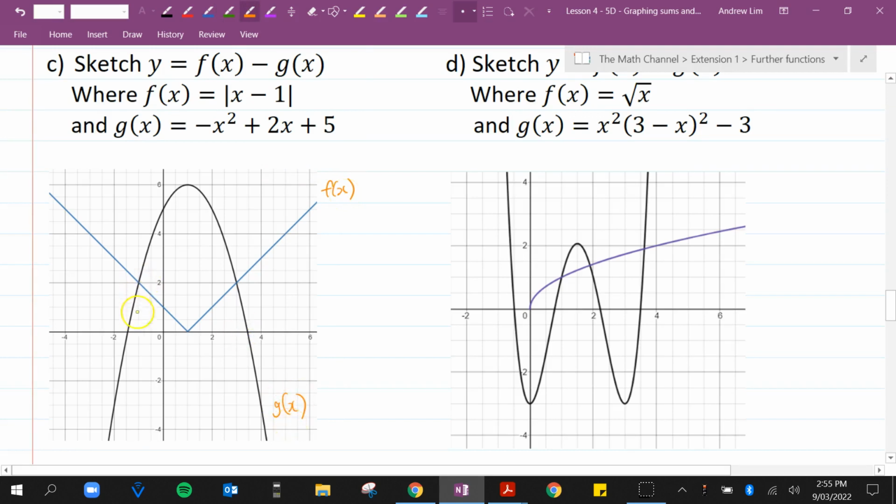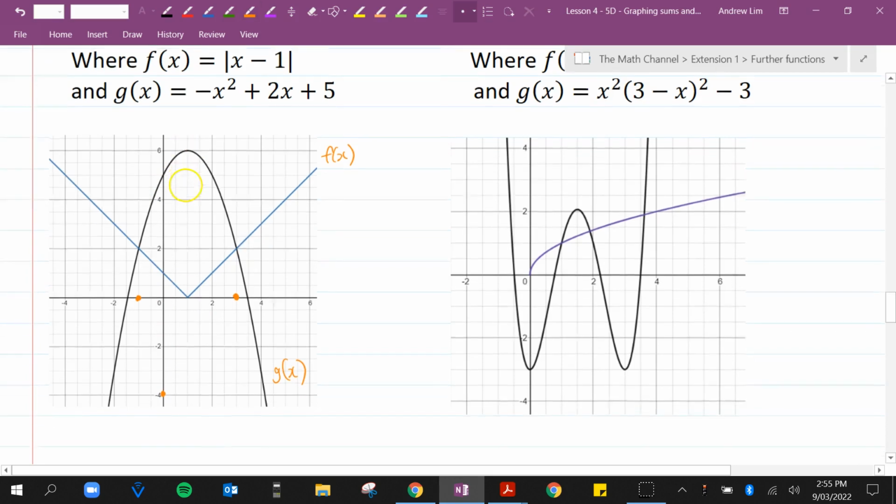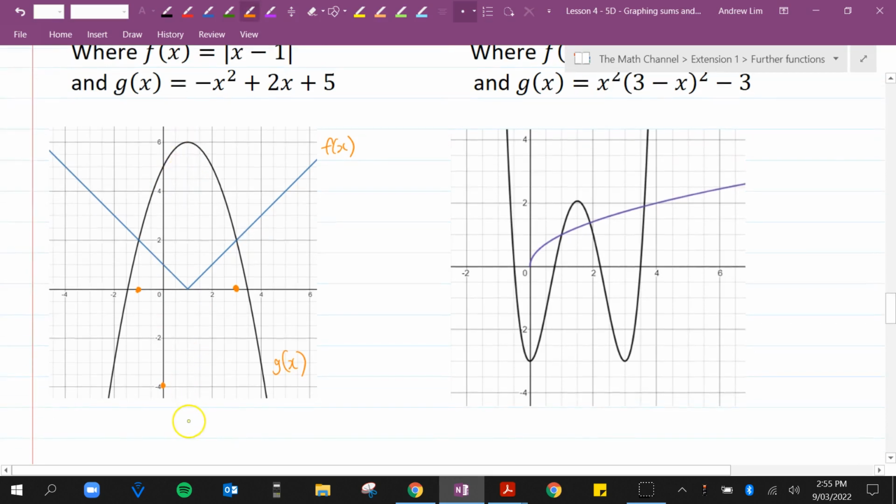Okay, so intersection points, nice and easy, zeros. Okay, let's pick some points. So you have 1 minus 5 is minus 4. 0 minus 6 is minus 6. So let's just say that's down here. 1 minus 5 is minus 4.